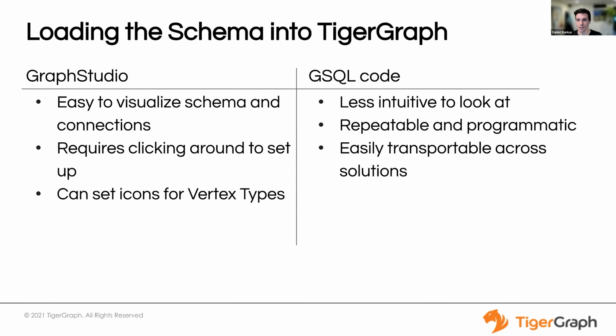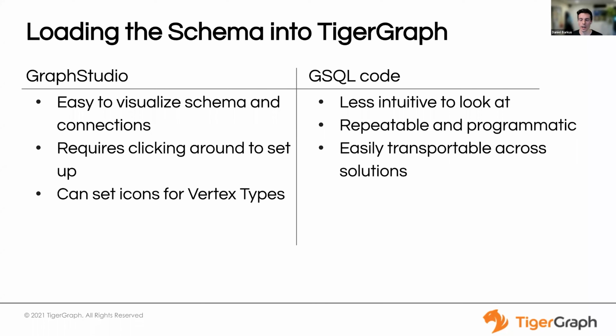Obviously the interface provides a lot of visuals and the ability to quickly see all of the options that you have. You have a drop down to see all of the variable types. You have drop downs to see the different types of edges that you can create. You have an easy interface to add attributes and things like that.